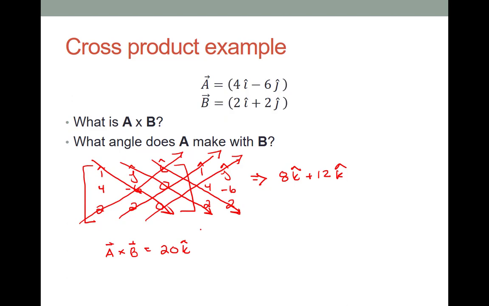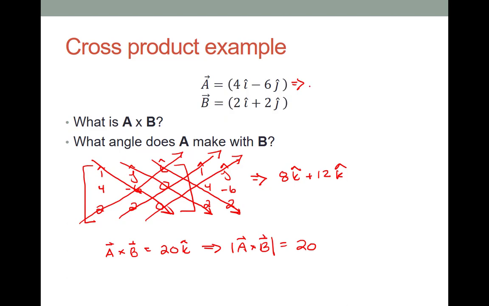Next question is, what angle does A make with B? So for this, we need a little bit of information. We need the magnitude of A cross B. The magnitude of A cross B will just be 20. It's in 1 dimension. You can Pythagorean theorem up that if you like, but I really hope it's not necessary.